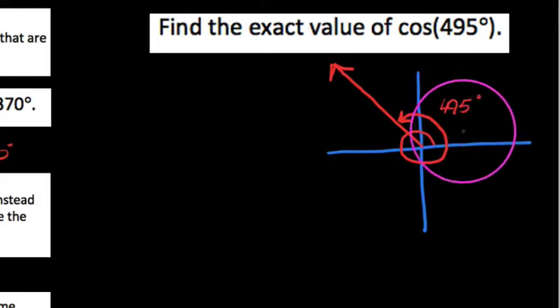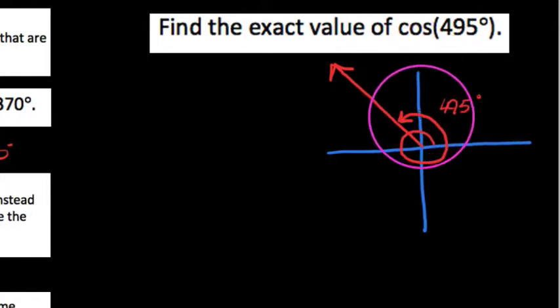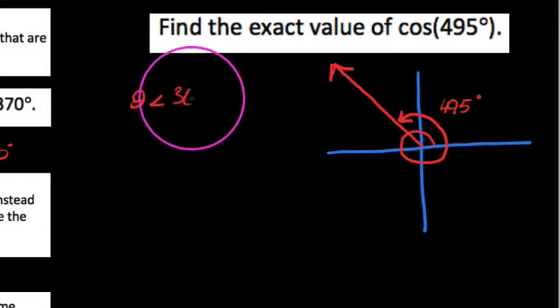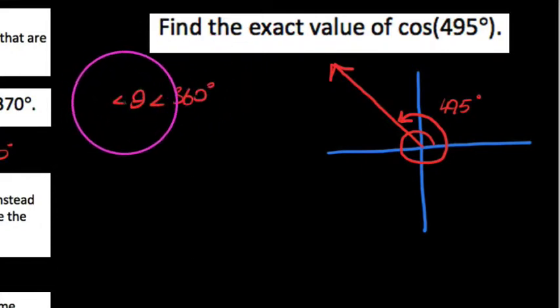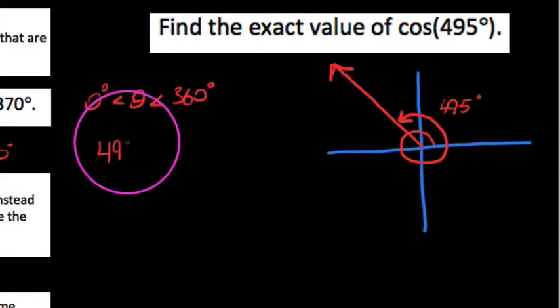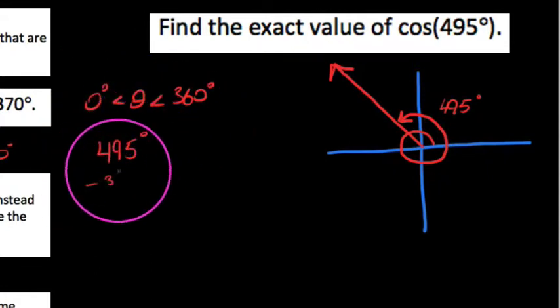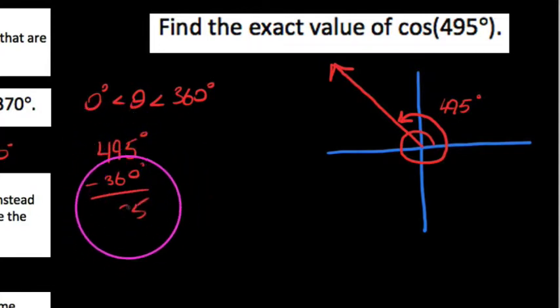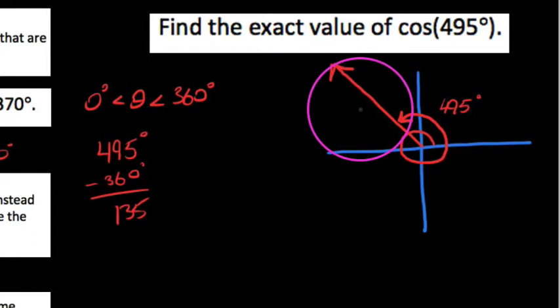All I would like to do is advocate for this. What other angle between 0 and 360 degrees would have given us something that stops in the same spot? One way to find this is to take our original 495 degrees and subtract off 360. So we get 135.